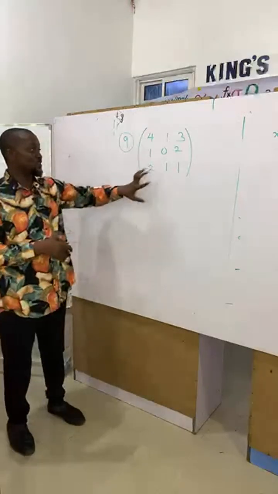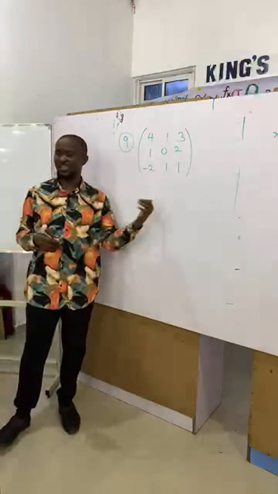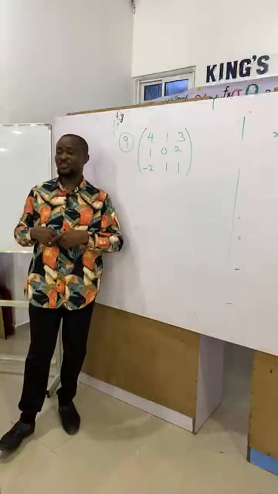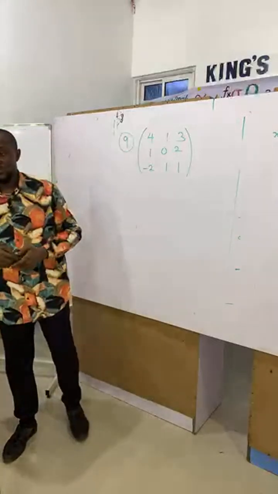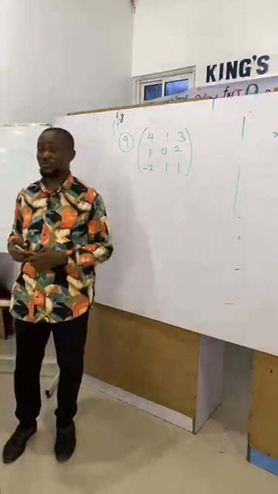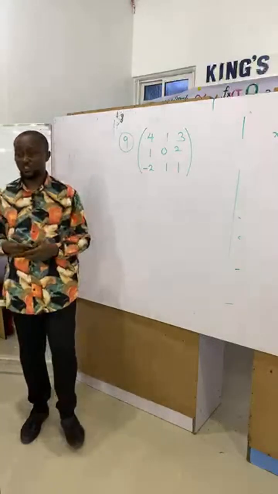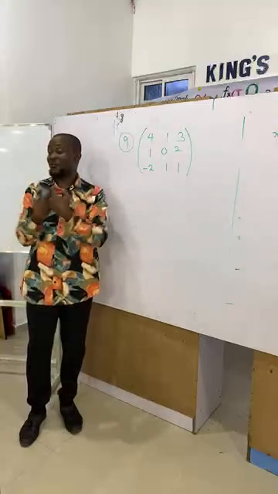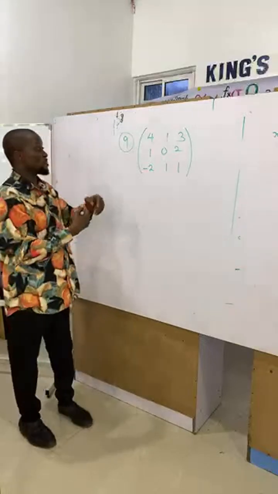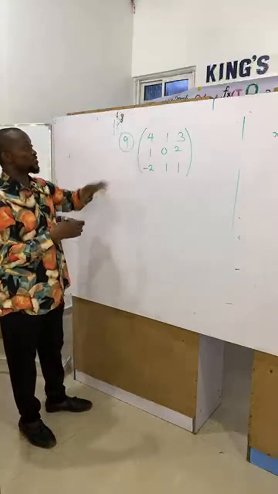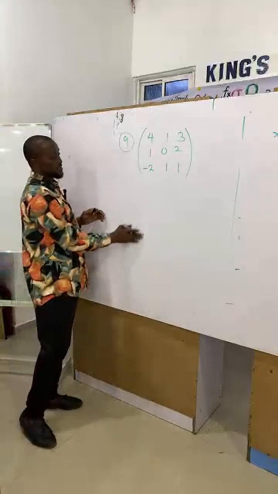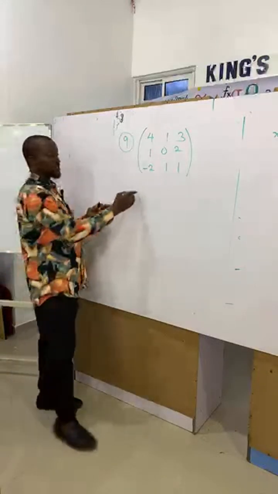So if you find the determinant of this matrix, you have different methods of finding determinants here. You can use the Sarrus rule, and there are so many versions. You can apply cofactor. You remember we want the cofactor of the matrix.